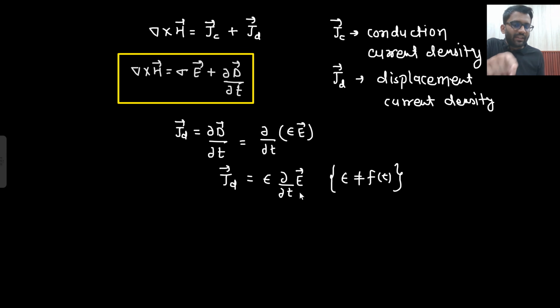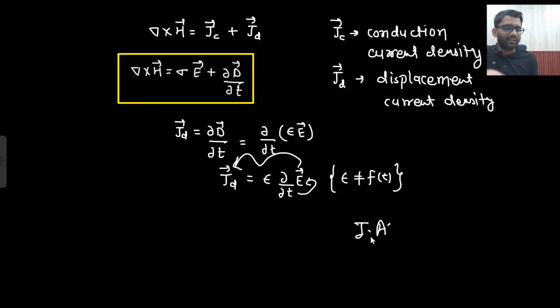A changing electric field with respect to time will generate some current, and that current will generate a magnetic field. A changing electric field will generate displacement current density. For now I am saying it as a current only, because density is current into area, some displacement current into some surface area.